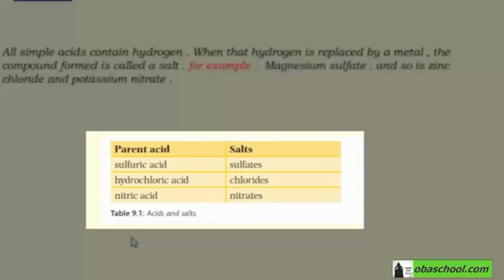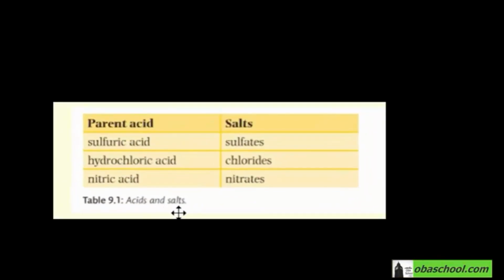In this table, we have acids and salts. In the first column, we have parent acid, and in the second, we have salts. First, we have sulfuric acid. The salts produced are sulfates. For example, magnesium sulfate.